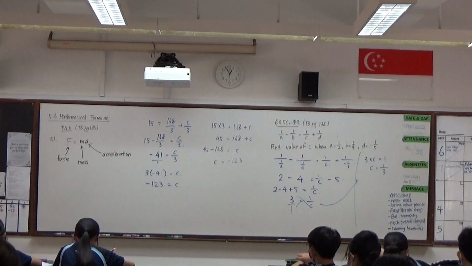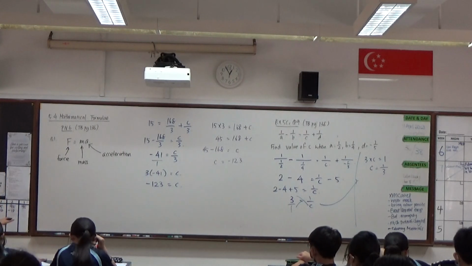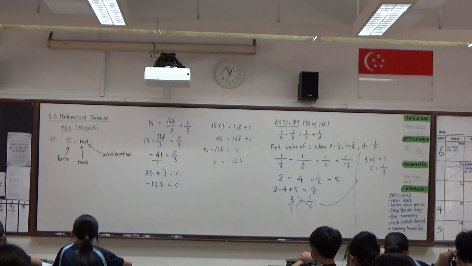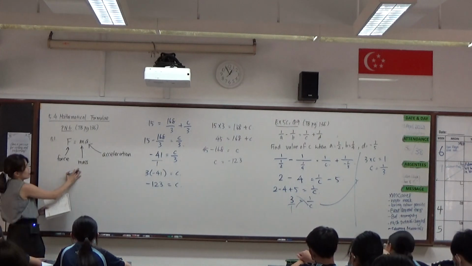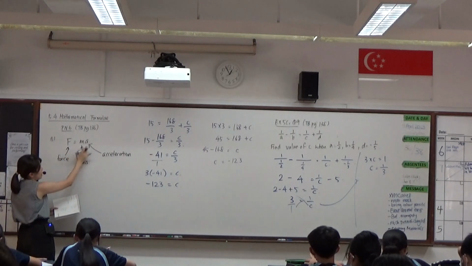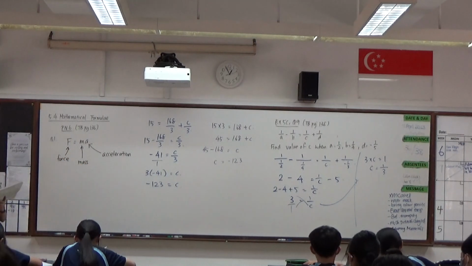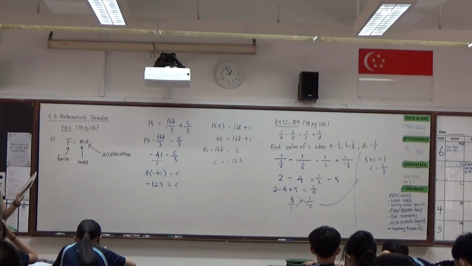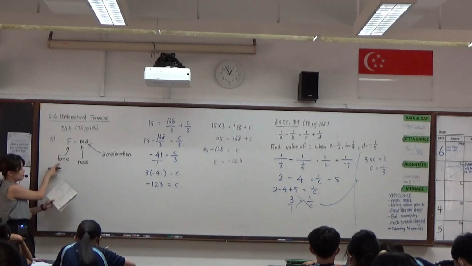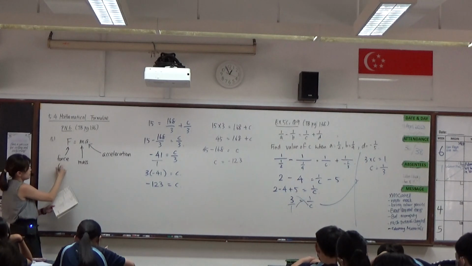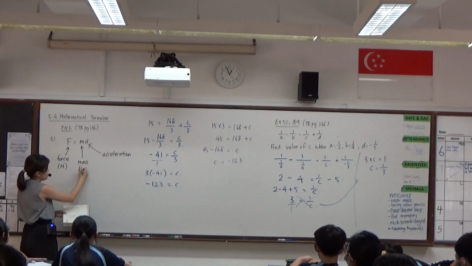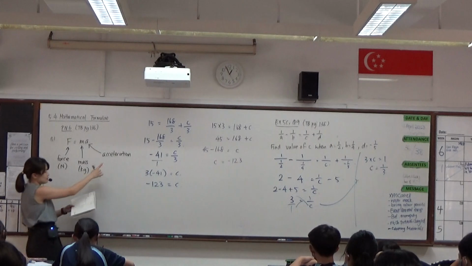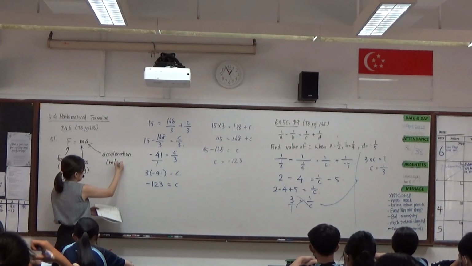There's really no need to bother ourselves with the science concept behind this question. It's just the context, so long as we are able to recognize what F, M, and A represent. Then the question says that the unit for force is newtons, using capital letter N, the unit for mass is kg, and the unit for acceleration is meter per second squared.